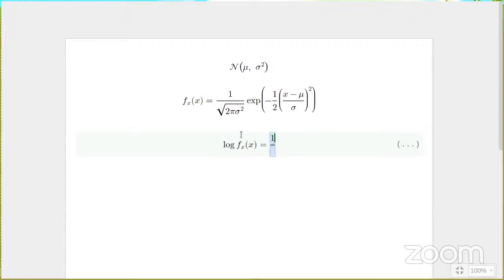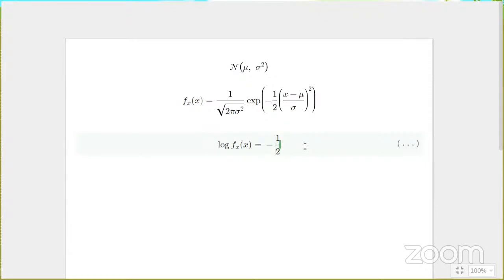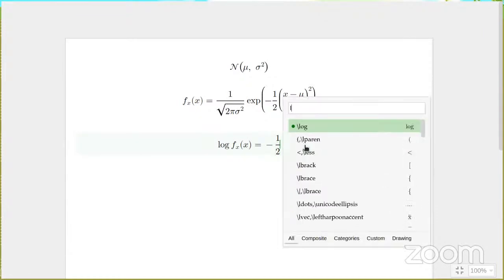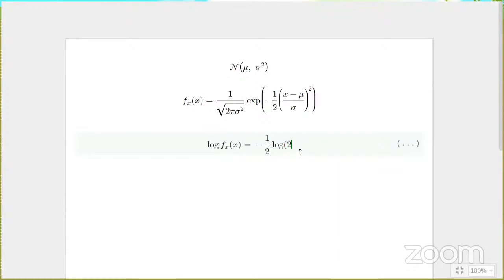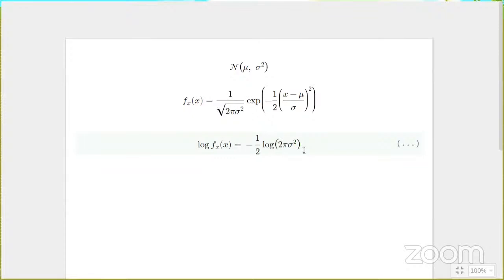Okay, so can someone tell me what the log will be if I take log on both sides? The log of 1 by square root, so there will be minus half into log of 2 pi sigma square. Plus, okay, plus just that, or it will be just directly minus half x minus mu square.